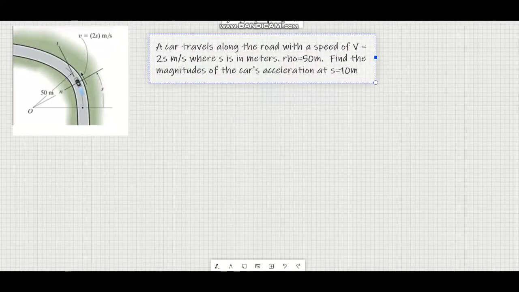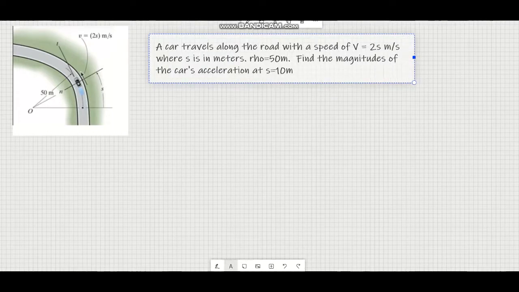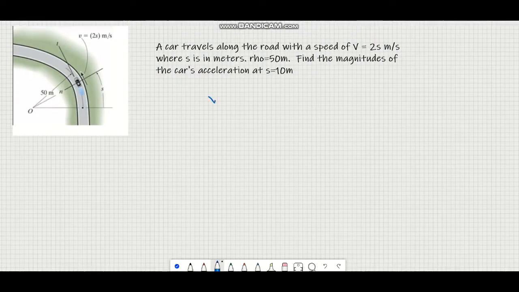All right, here velocity is given as a function of s, which is 2s. So we know that this is a curvilinear motion. So v is equal to the magnitude of velocity multiplied by the tangential unit vector at the position s equal to 10 meters.